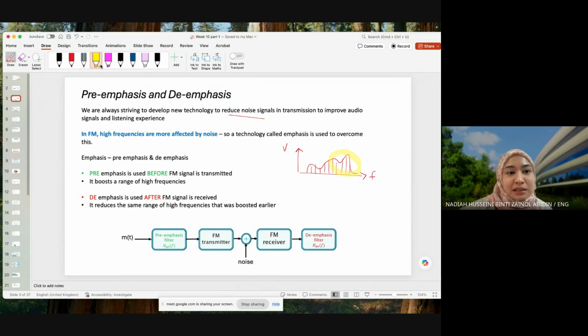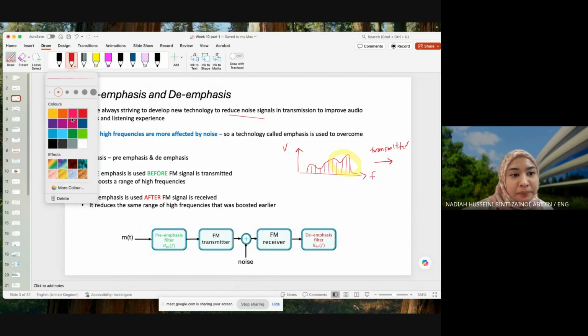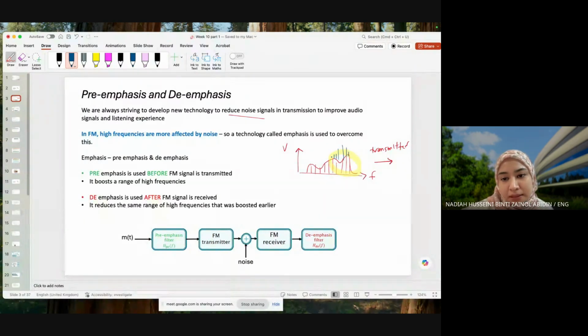So when it gets transmitted, your signal will become, the noise, maybe it's going to spike like this. So we don't want this. The way that we try to minimize this effect after transmission is that we employ our pre-emphasis, in yellow.